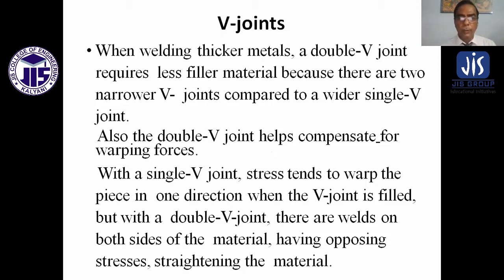A single V joint's stress tends to warp the pieces in one direction when the V joint is filled. But with a double V joint, there are welds on both sides of the material having opposing stresses.